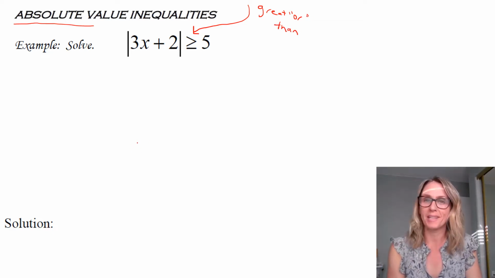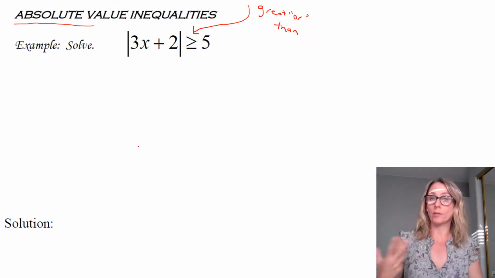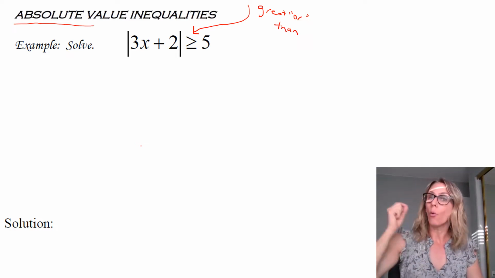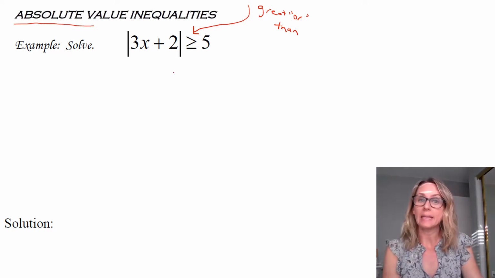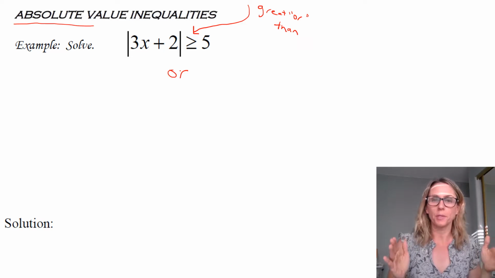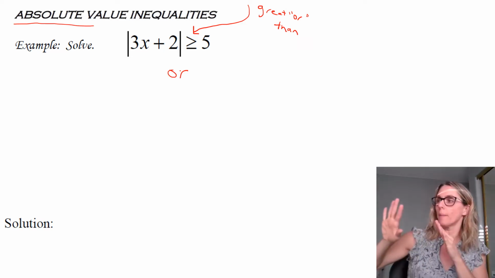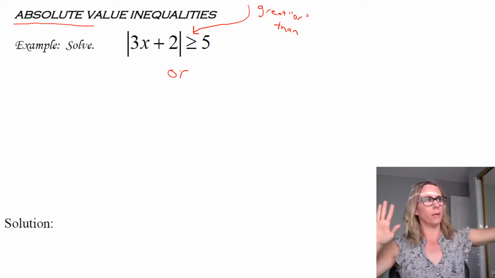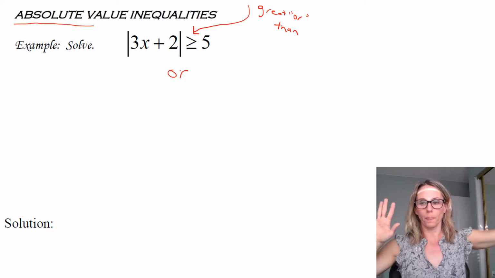The reason I say that is because when you say "greator," that makes you think "or," which is because what you have inside the absolute value needs to be greater than or equal to 5. Anything greater than or equal to 5, as long as the inside is that, is part of your solution.